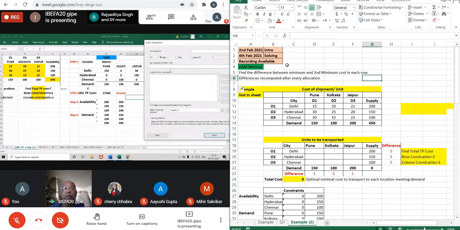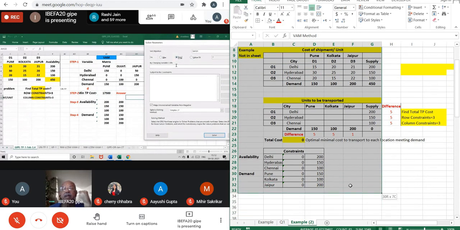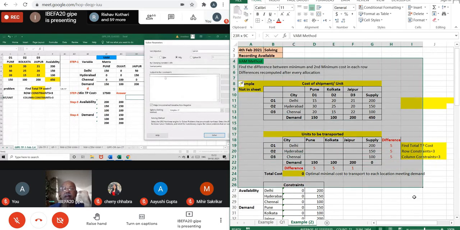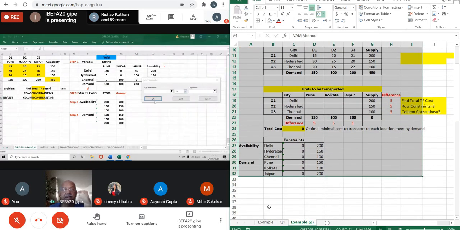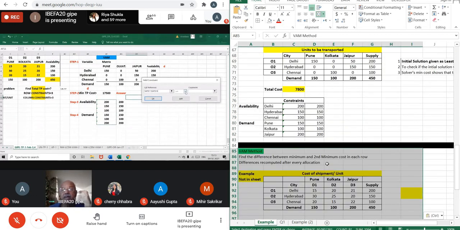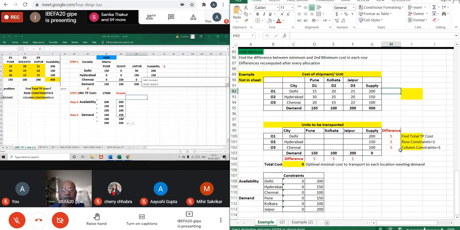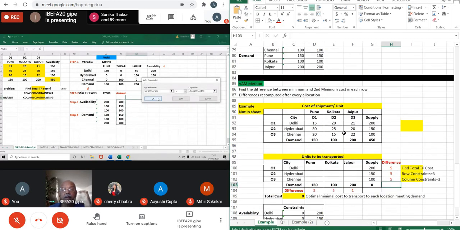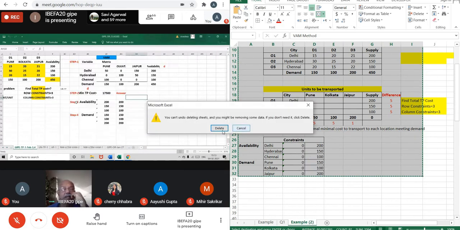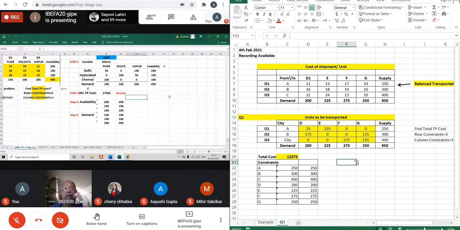So my objective function will be minimum cost, allocation matrix, constraints are so much equal to. What happened?